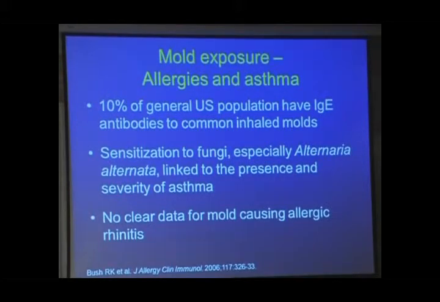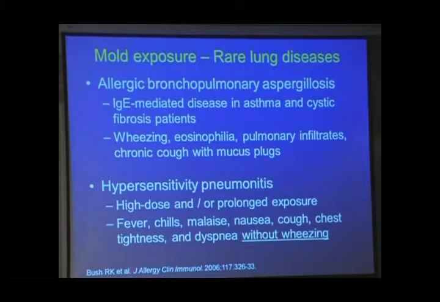There's no clear data that it causes allergic rhinitis or allergic sinusitis. Among rare diseases, Dr. Tana talked about allergic bronchopulmonary aspergillosis. This is more in asthmatics and patients with cystic fibrosis, and it's a chronic lung disease with wheezing, high eosinophils, pulmonary infiltrates, and chronic cough with mucus plugs.